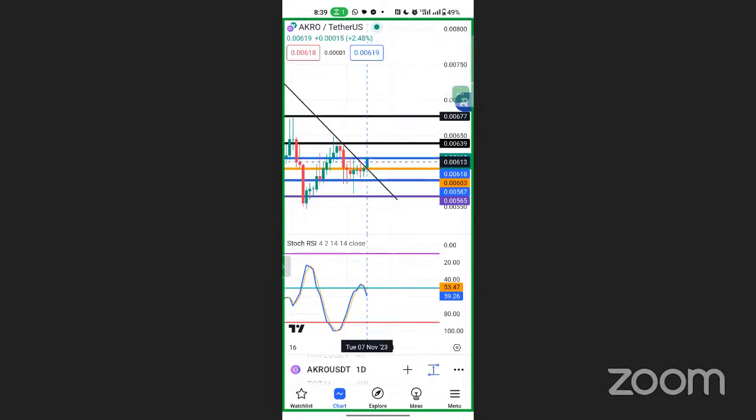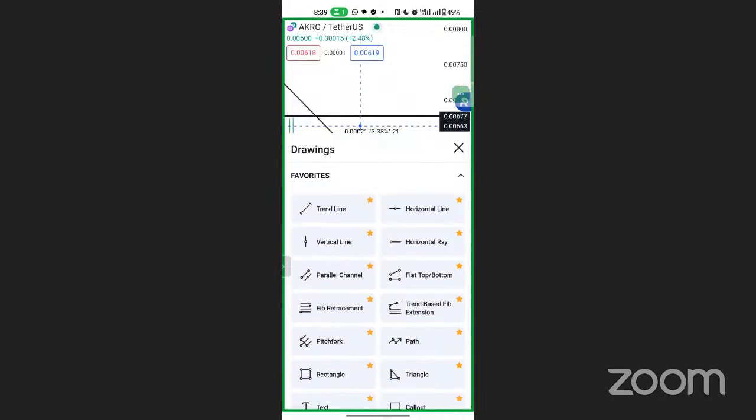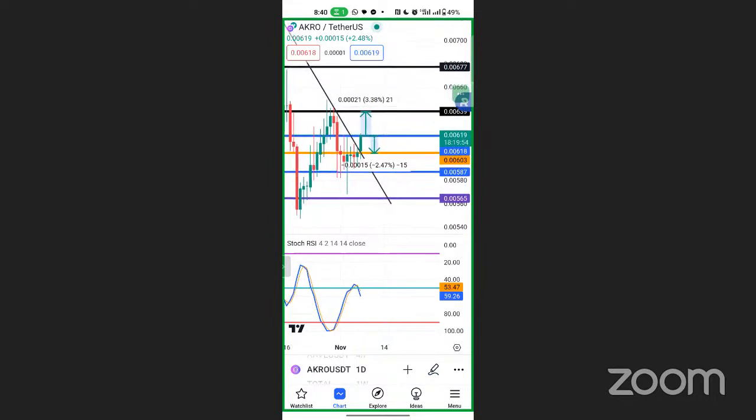Look here, guys. I'm entering from here to here as my take profit. From here to here is margin call 1. Pay close attention, guys. I'm breaking a big gist.